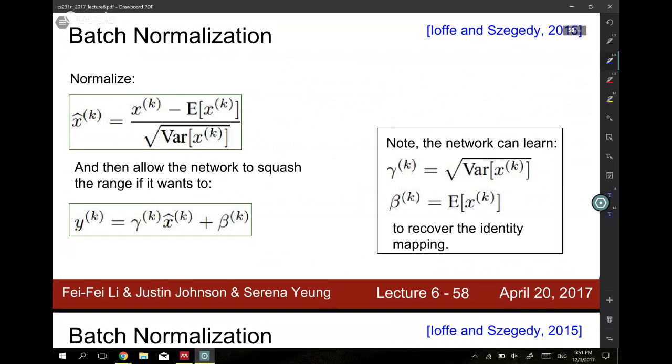Batch normalization doesn't really have many trainable parameters other than these two. The mean and the variance are treated as constants. You have input activations, you compute the mean and variance, and those are treated as constants that pass in. They are not parameters to be trained. These two are the parameters that you perform gradient descent on.